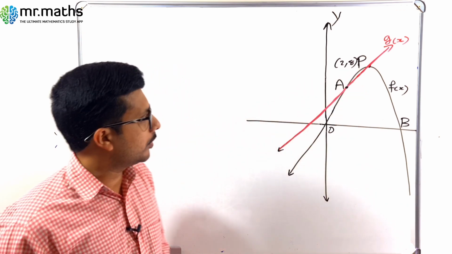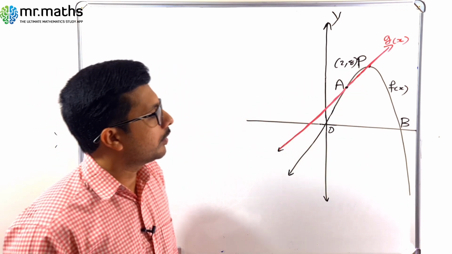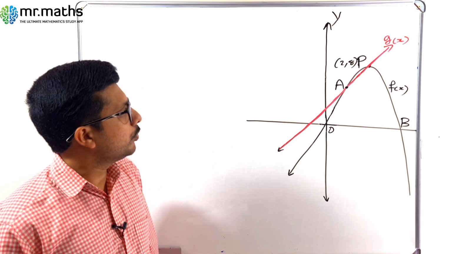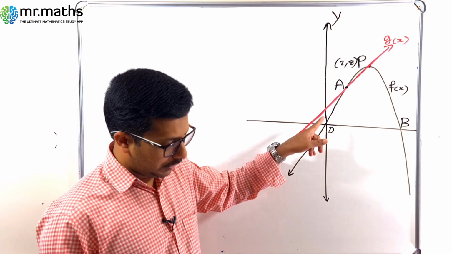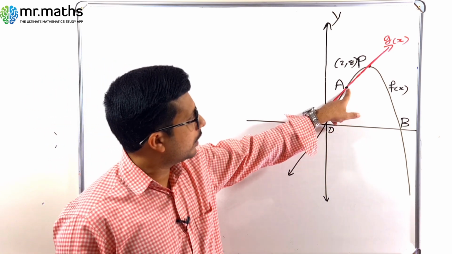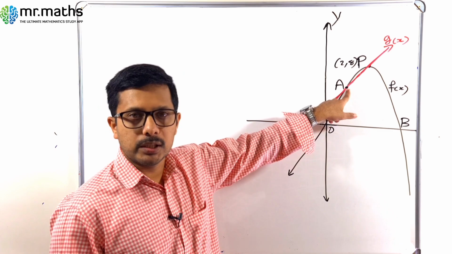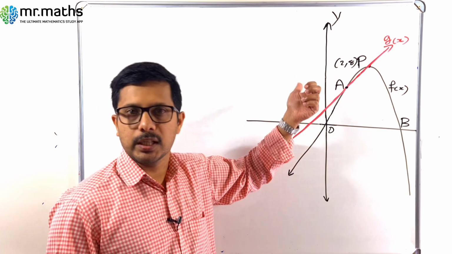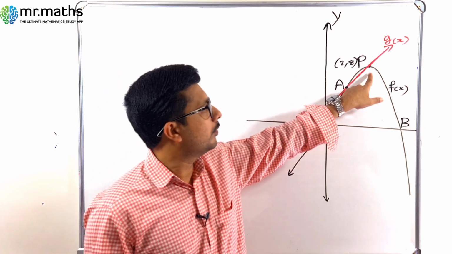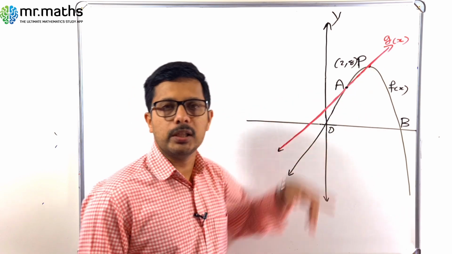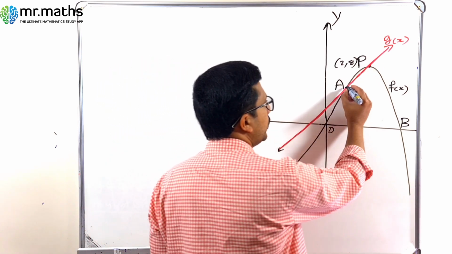The turning point of that parabola, that quadratic graph, is (2, 8), and this is an intersecting point. This is one intersecting point of both f of x and g of x. And P, the turning point, is also an intersecting point. So there are two intersecting points.